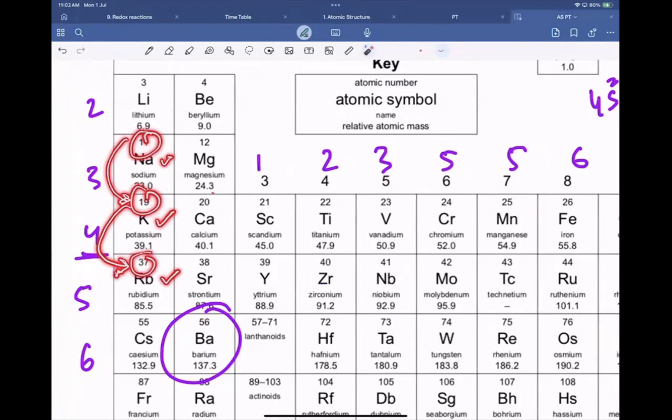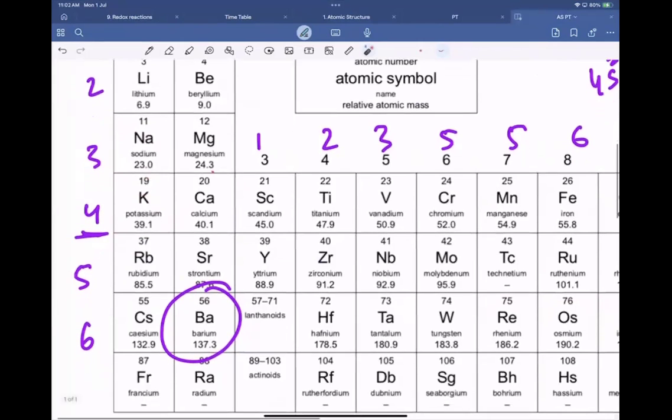But if you recall, you just said that down the group the ionization energy decreases, because there are more electrons and thus more repulsion. No, it's down the group and across the period.